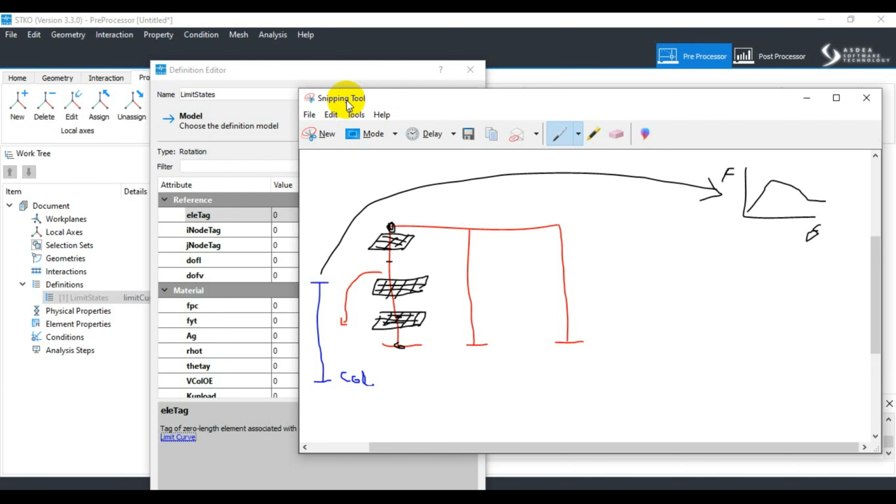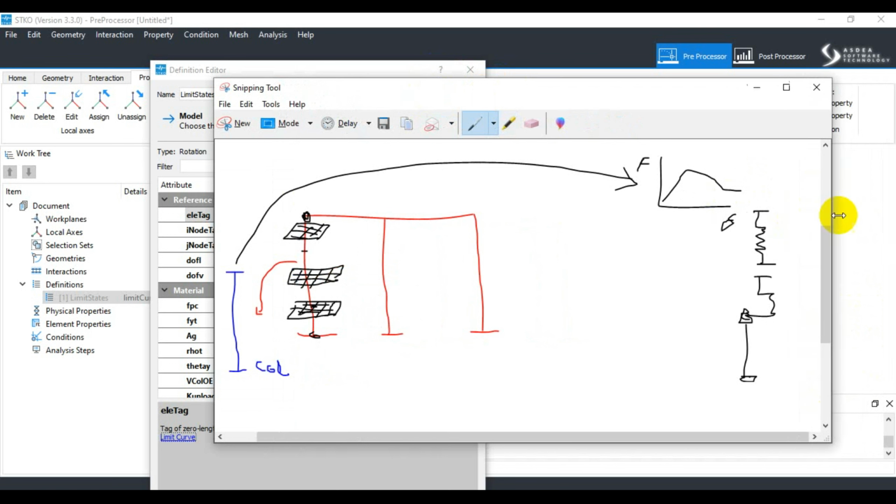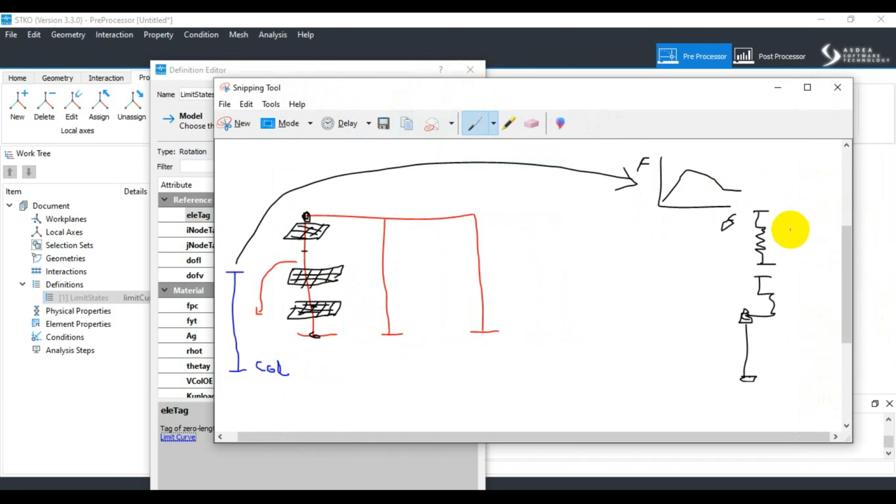Either it can be used as a single element, in terms of a spring for a uniaxial material, or it can be used in combination with beam column elements in series.